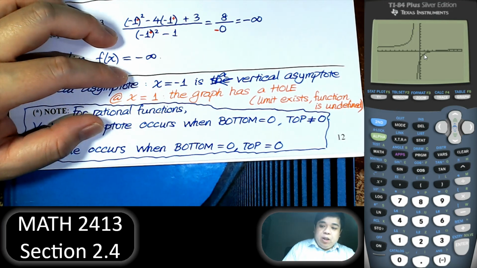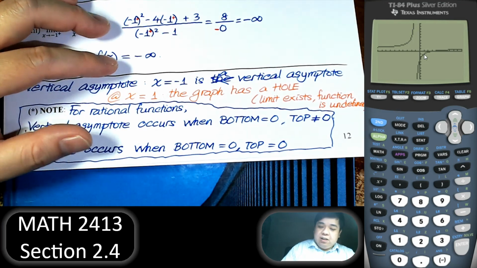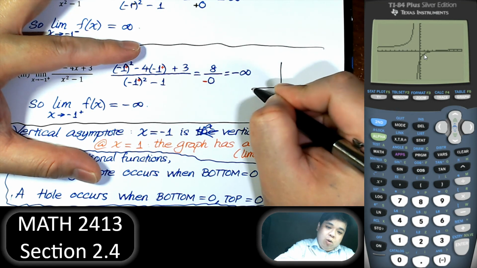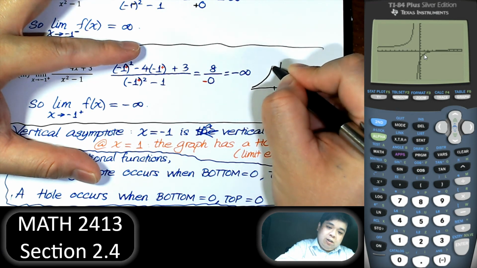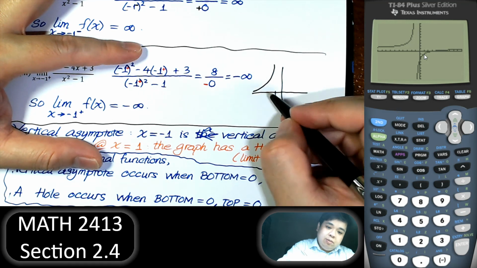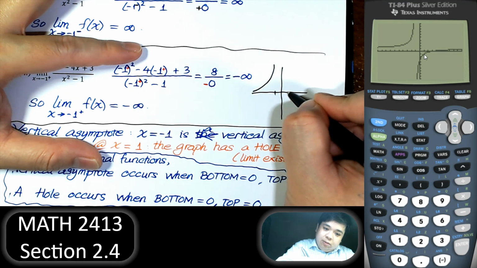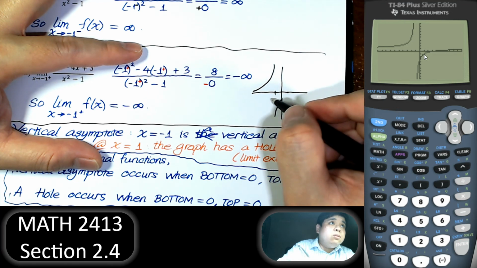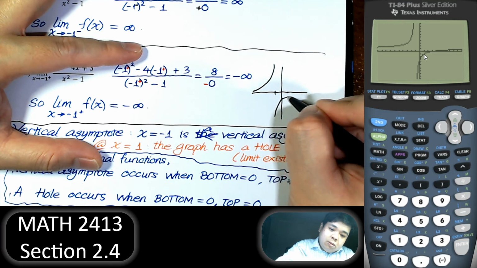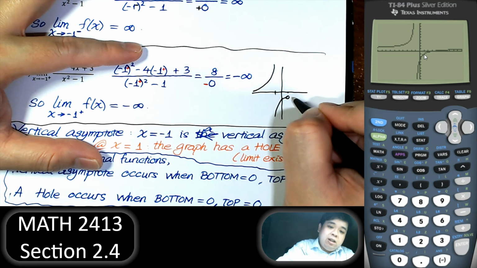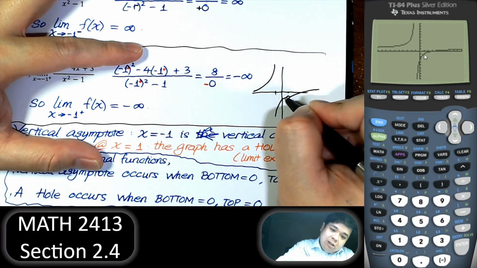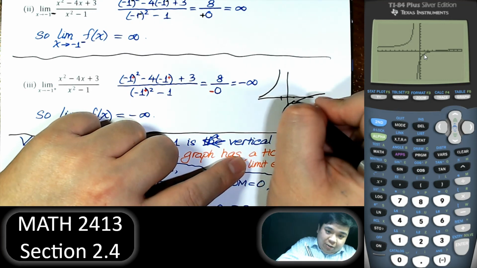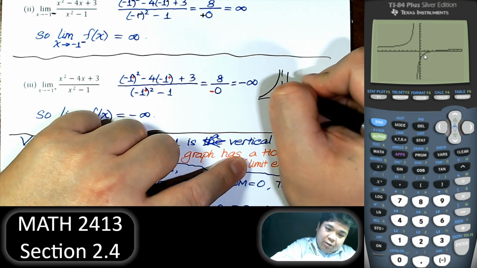If we're going to graph this by hand, I'm going to sketch this real quick. -1 is the vertical asymptote. There's a hole here. Just a sketch, I didn't do a very good job of it, but it emphasizes there's a hole here and a vertical asymptote there.